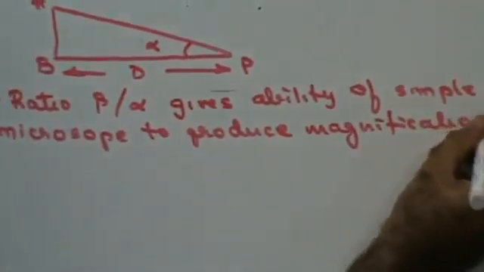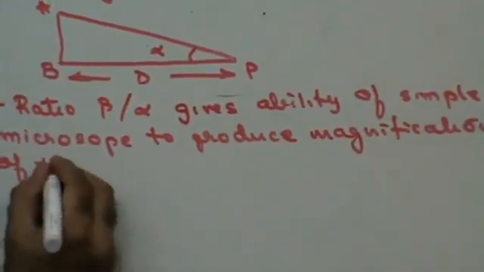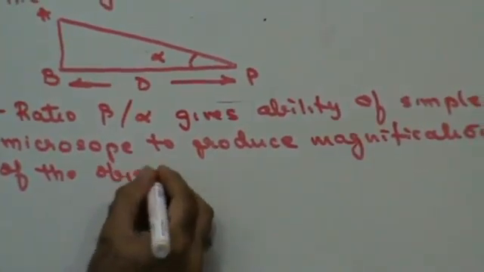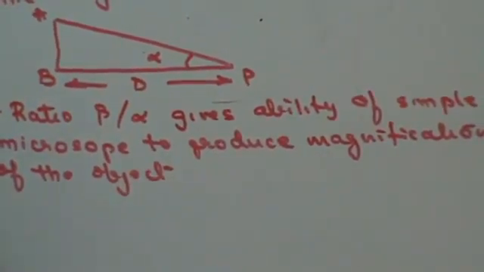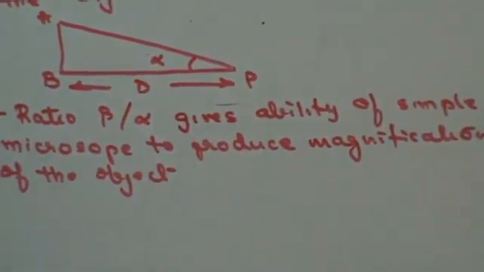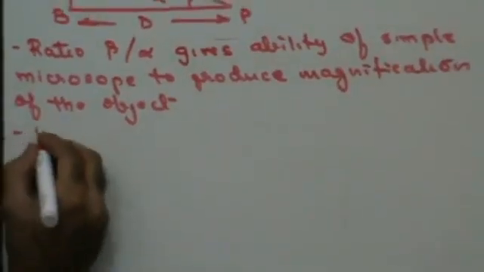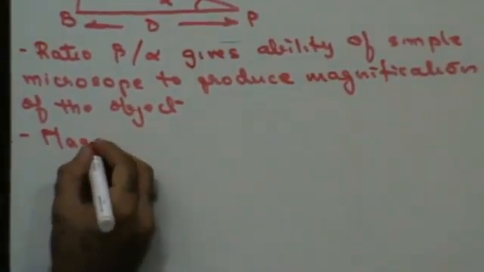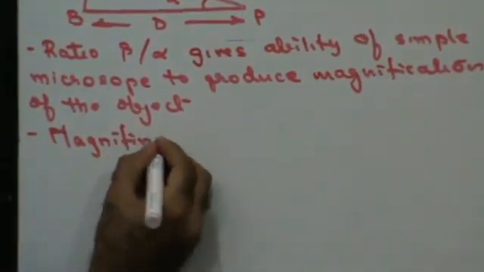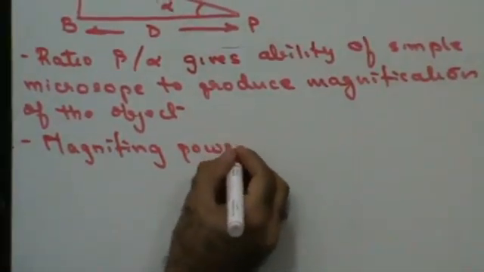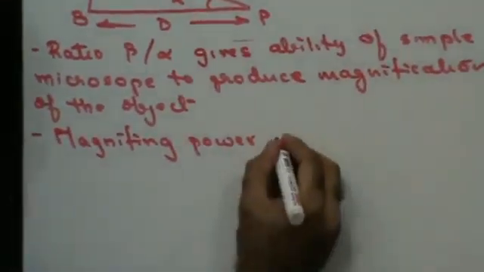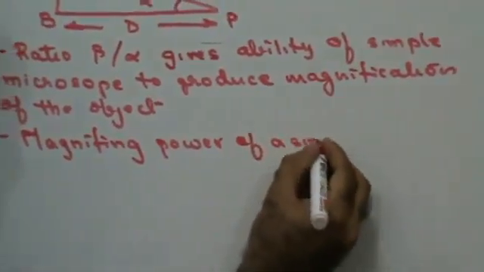That is what beta upon alpha is, and this ratio is called magnifying power. So what is magnifying power? Magnifying power of a simple microscope.